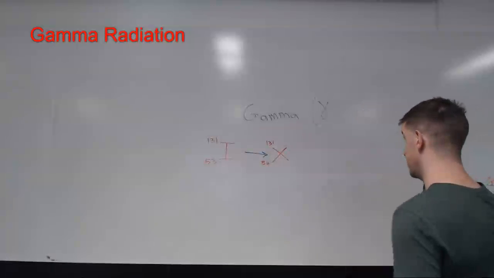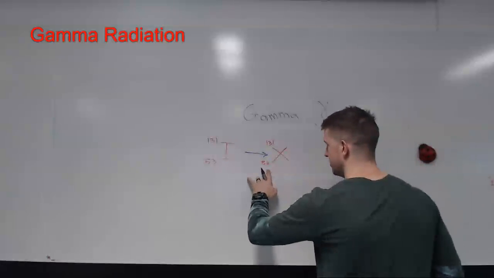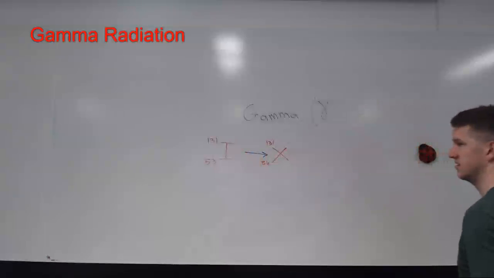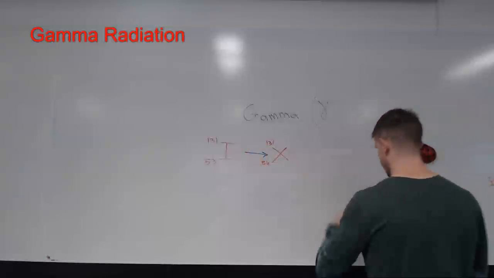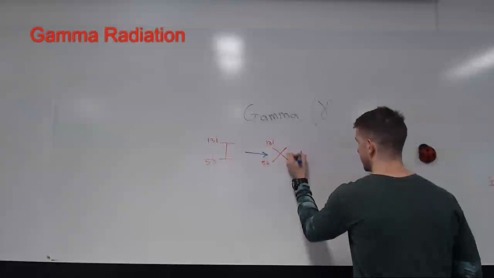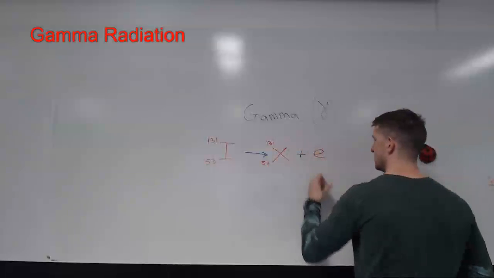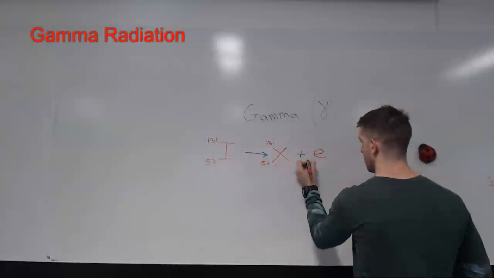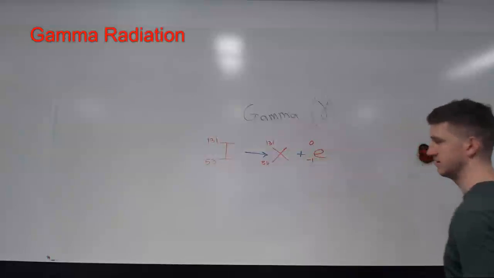So I could look at this and figure out what kind of radiation we are talking about here. I've gained a proton virtually from nothing. So we think about, what do we know that produces that? That's a beta radiation. So that means if it's a beta radiation where I've gained a proton through decay, if I've gained one, I need to minus one. And this would be my electron. This is my high energy electron.